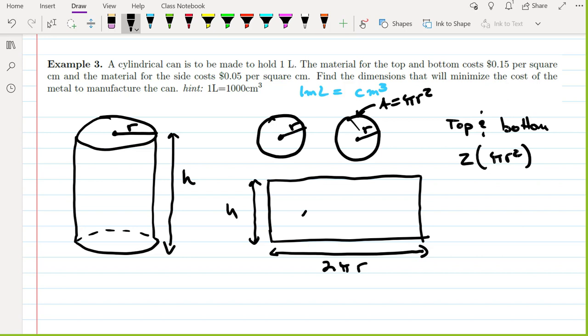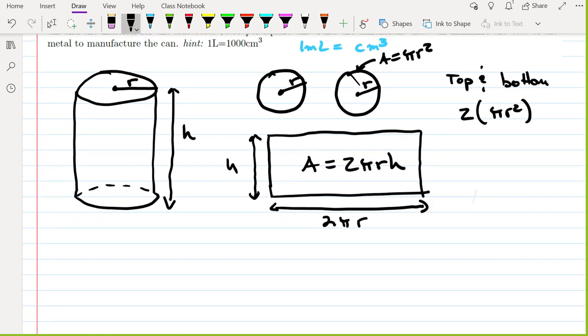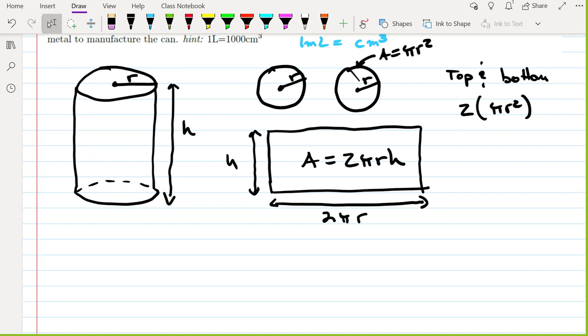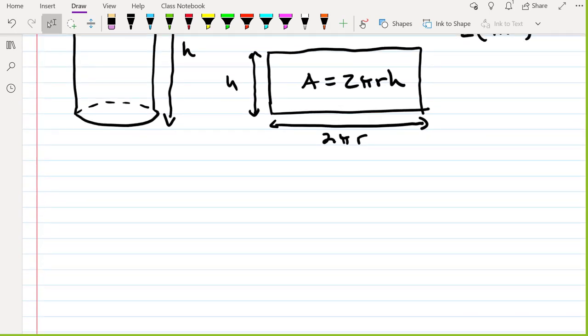And then the area of the lateral side of the can, well, when we lay it out flat like this, it's a rectangle, so its area is going to be 2 pi r times h. So now we know the area of the top and the bottom and the area of the side. Our objective function is we want to minimize the cost.